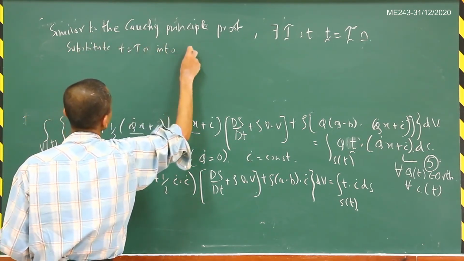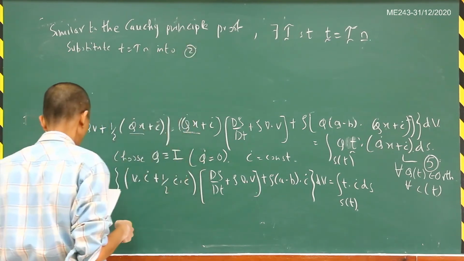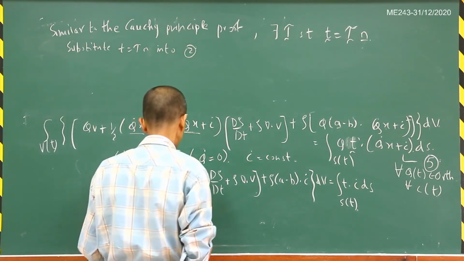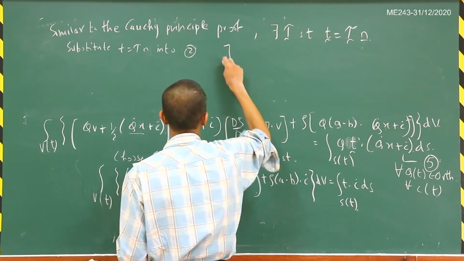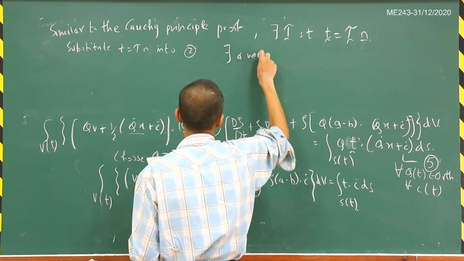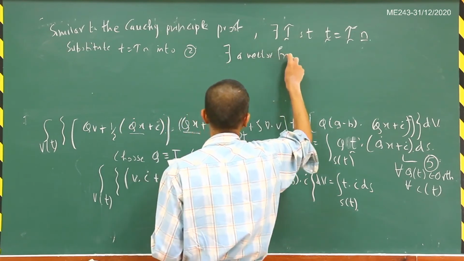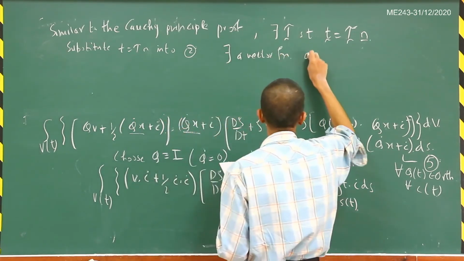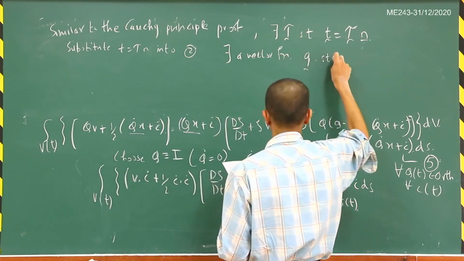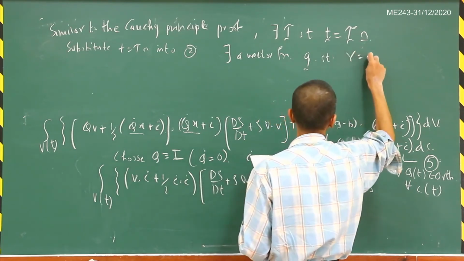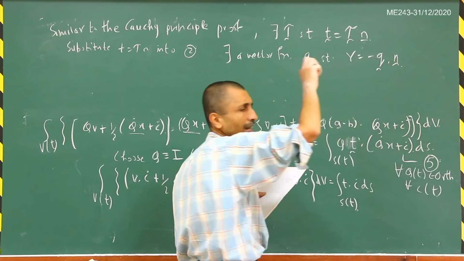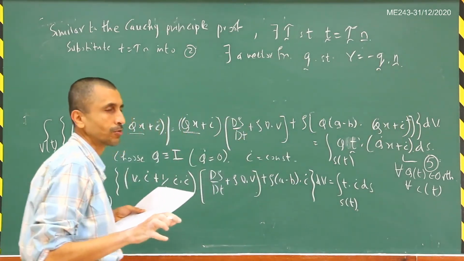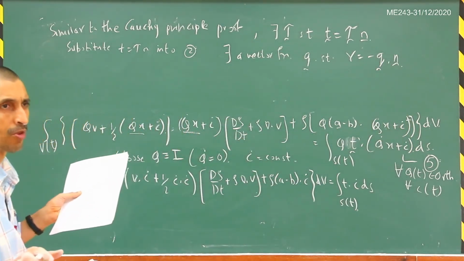Okay, and then you will get that there exists a vector function q such that gamma is equal to minus q dot. And this minus, as I said, is just a sign convention that is preferred in the heat conduction community.